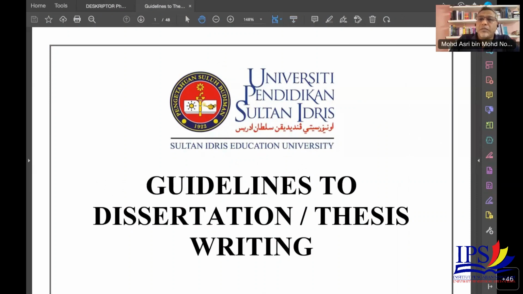Okay. Now, before we go further into the workshop on how to write a project paper, I would like to talk about these two documents. One is this descriptor. The other one is the guideline. So basically, what I'm trying to share with you is a guideline that is available on the IPS website.